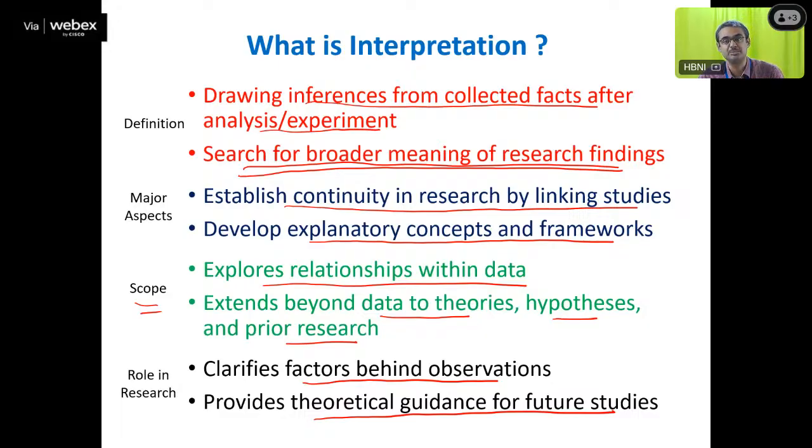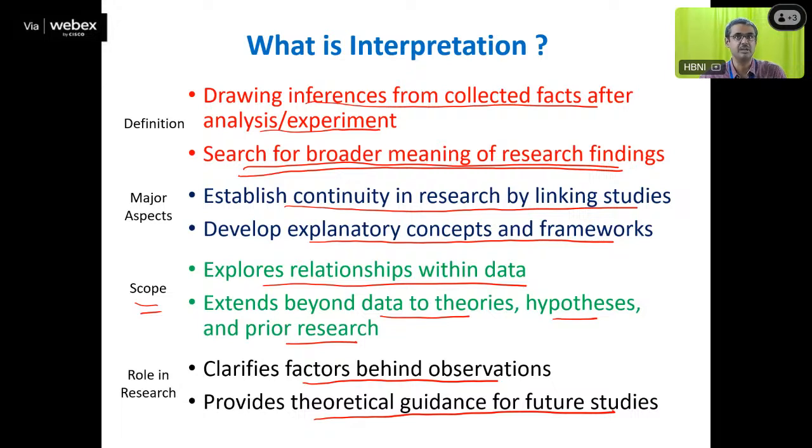So whatever correlationship you establish for a particular material, another researcher might be interested to establish such correlationship for another set of materials. So your research interpretation can be a beginning for other researchers. Okay. So it gives theoretical guidance for future studies and future researchers.